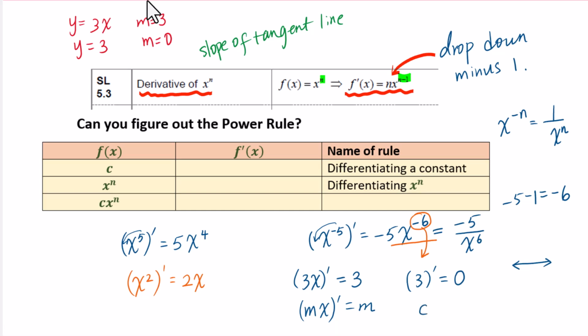For constant number prime equals 0. So we have 0 here, n times x to the power of n minus 1. Cx to the power of n prime equals c times n times x to the power of n minus 1.